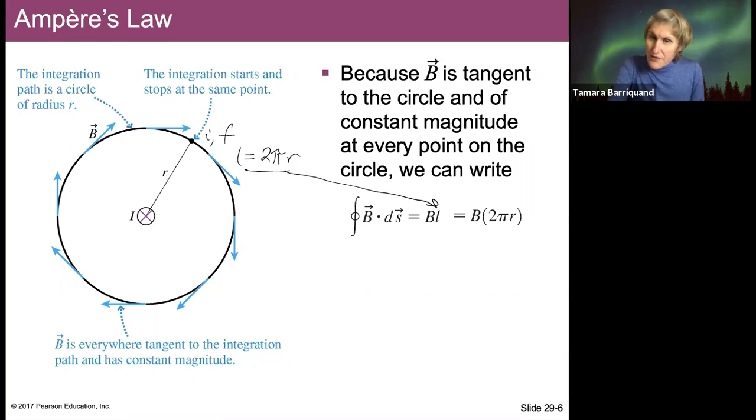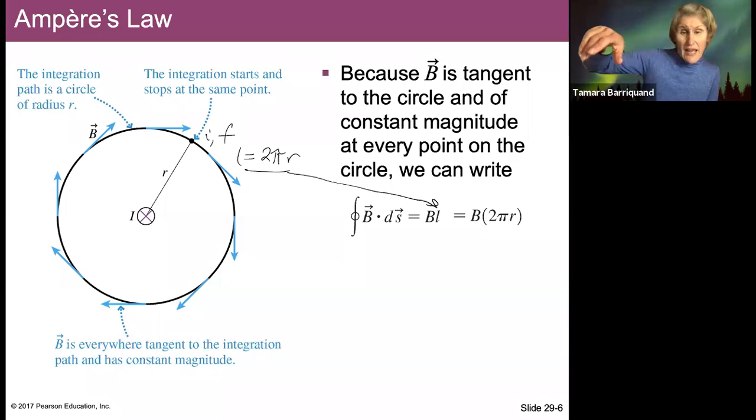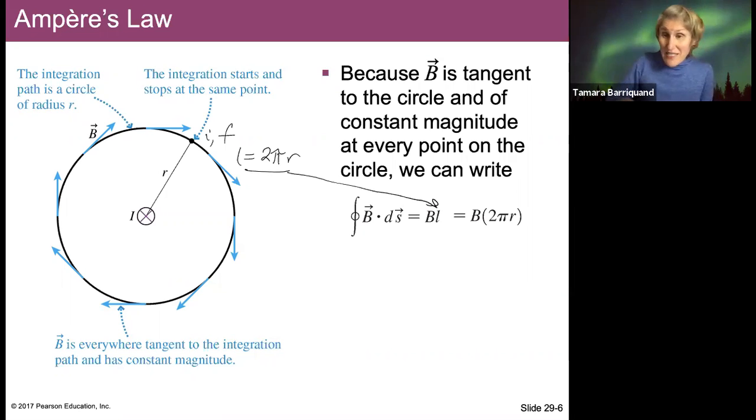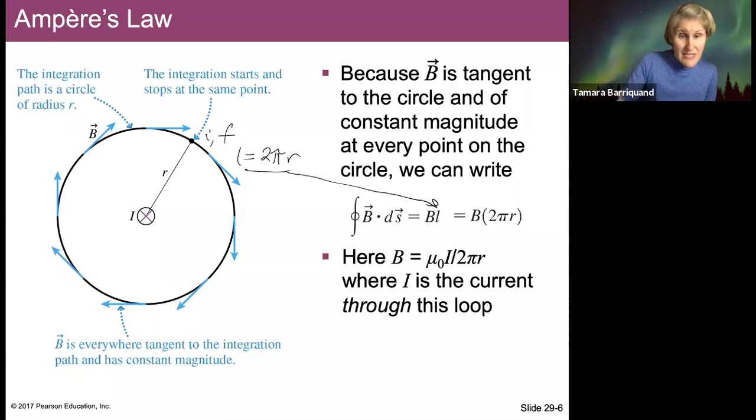Well, we also know something about the magnetic field due to the Biot-Savart law. The Biot-Savart law tells us that if we have a current in an infinitely long wire, or a very, very long wire, then B is equal to mu naught I over 2 pi r.